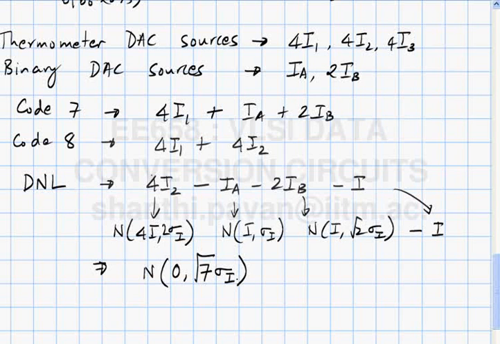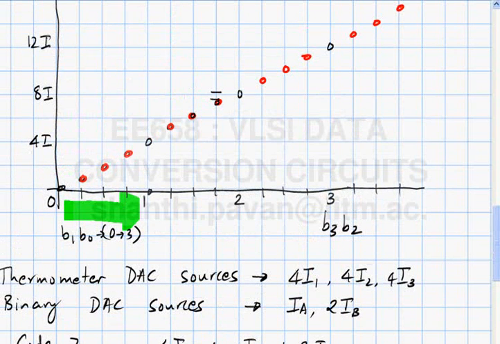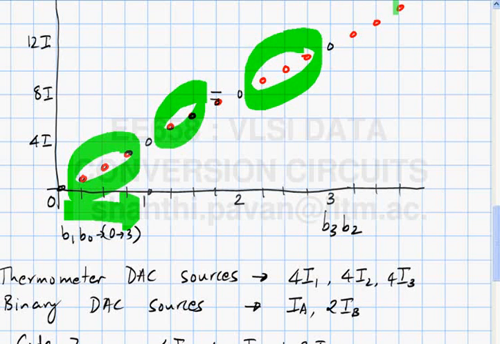And please note that this is the worst case DNL, correct. There will also be a situation like this within each of these 4 segments. Where do you think that is going to happen?